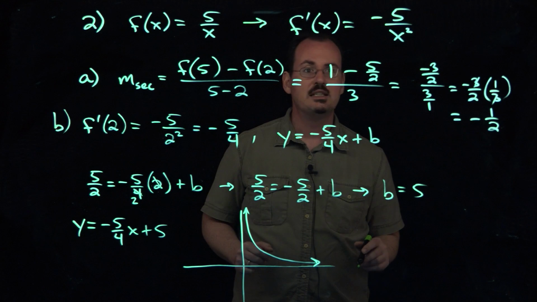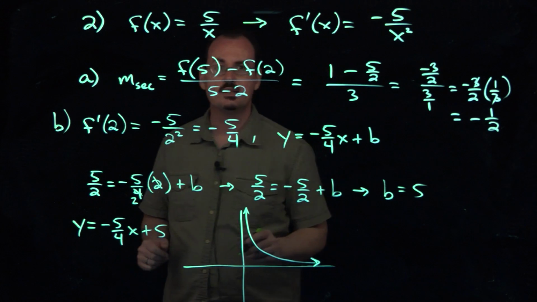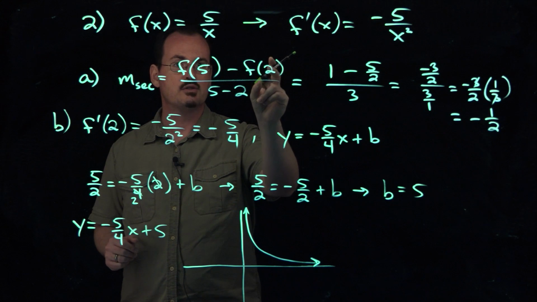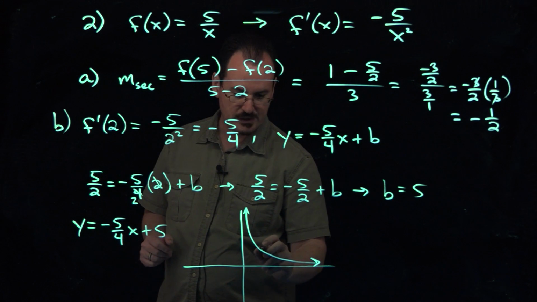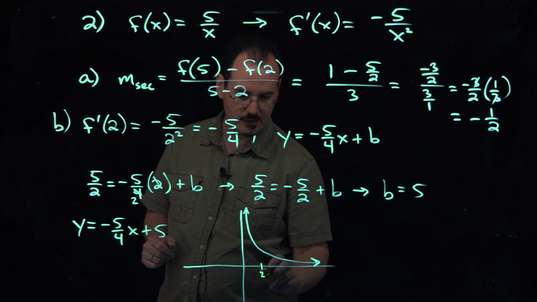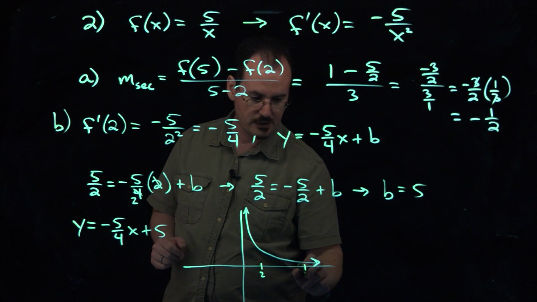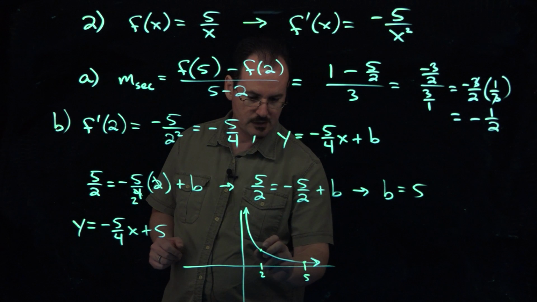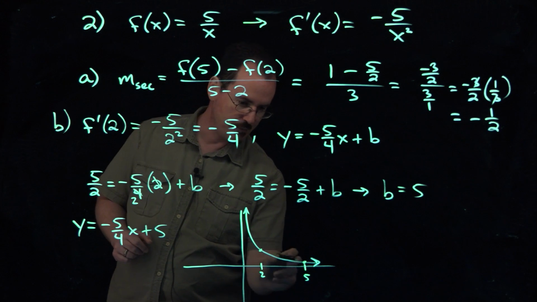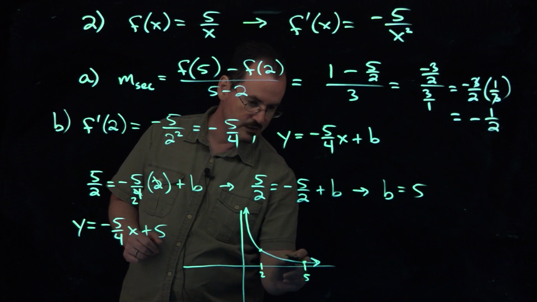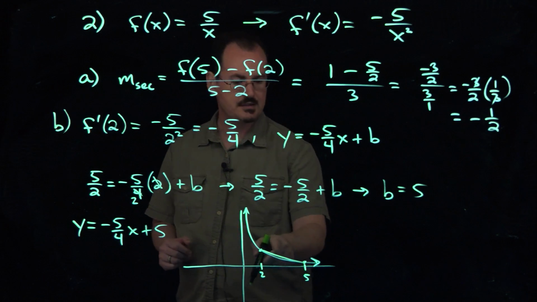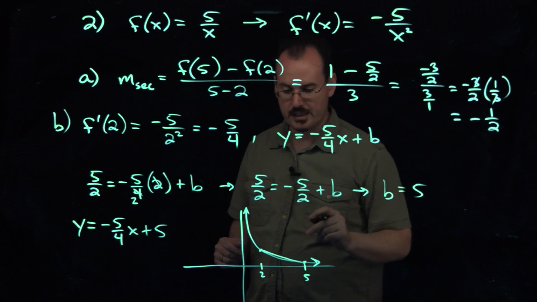So the first thing we did was we found the slope of the secant line through these two x values, 2 and 5. Suppose this is x equals 2 right here, and maybe this is x equals 5 out here. What we did first was we found the slope of the line that passes through those 2 points. So that line right there is the secant line, and that line had slope -1/2.